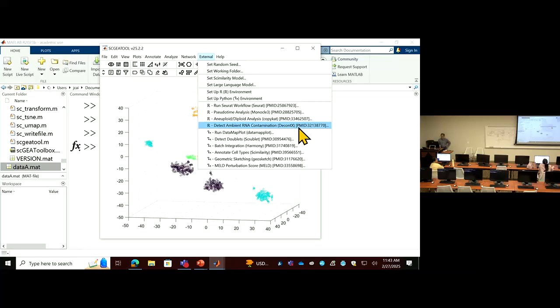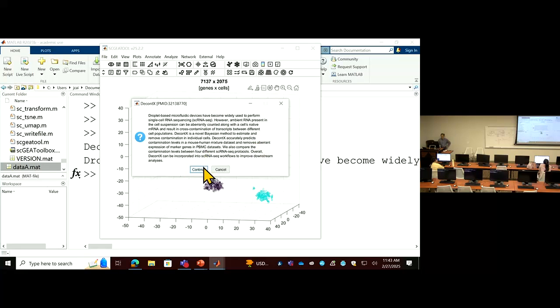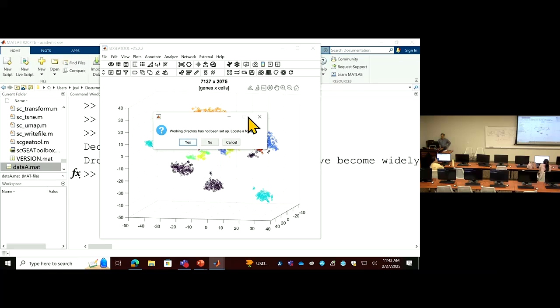The methodology is published in a PubMed paper, and you can find the original paper by using the PubMed ID. If you want to run this, you cannot just directly click here because your R environment is not installed yet.